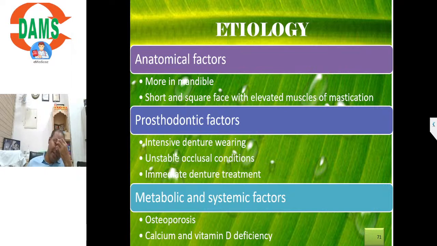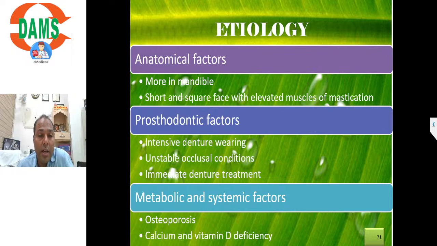Anatomic factors: you see that it is more in the mandible as compared to the maxilla. You will see more resorption in a short and square face with elevated muscles of mastication.